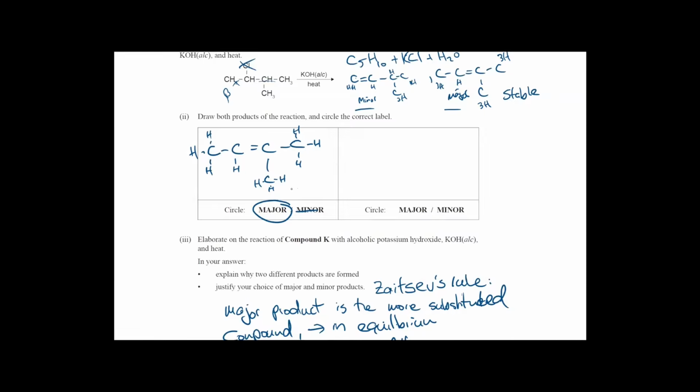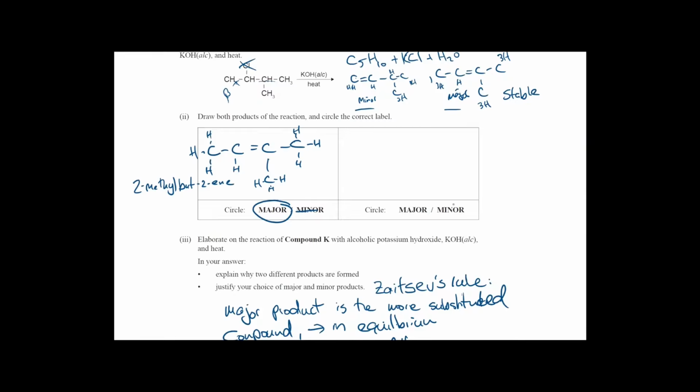That's going to be on the second one. So this is going to be 2 methyl, that's on the second one, 2-ene. So 2 methyl 2 butene, or 2 methylbut-2-ene.